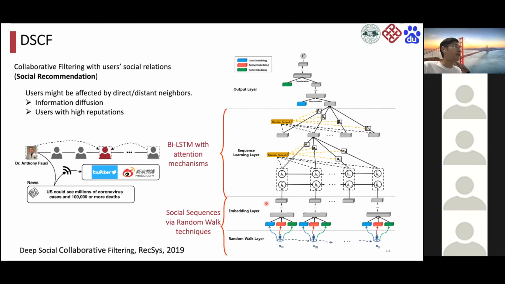First, it can consider information from not only the direct neighbors, but also the distant neighbors, and the BiLSTM can help capture the bidirectional influence among the distant and direct neighbors in the social sequence. Second, the hierarchical attention mechanism can help differentiate the importance weight of the elements in a social sequence, as well as the importance weight of different social sequences.